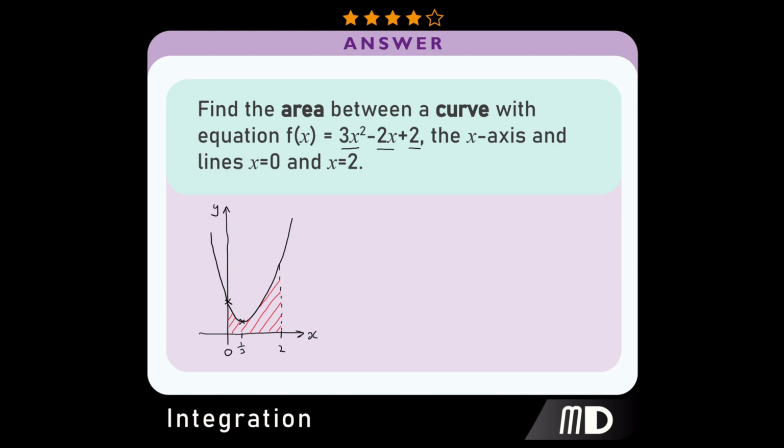So now we're going to integrate the function between 2 and 0. So 3x squared minus 2x plus 2 with respect to x.